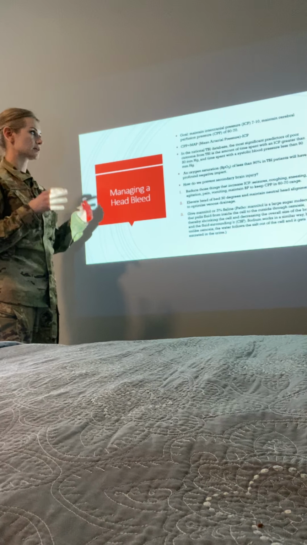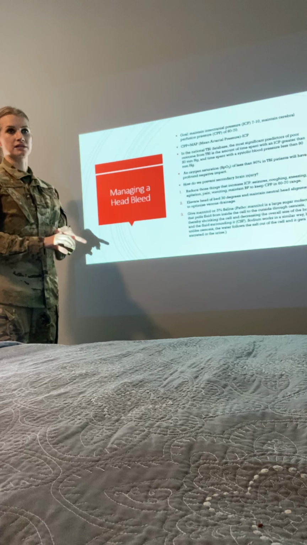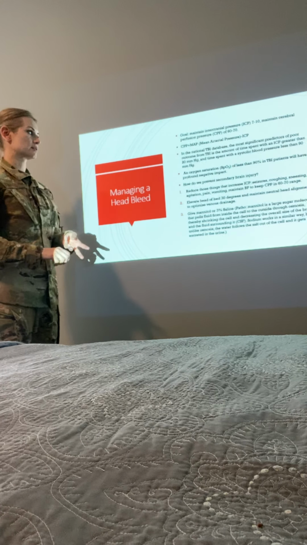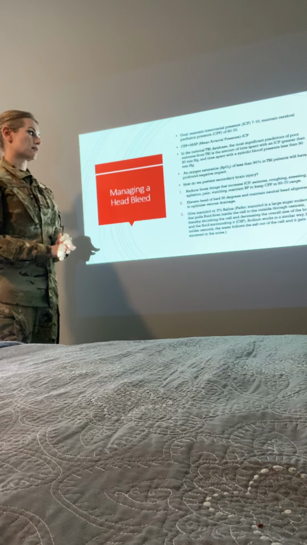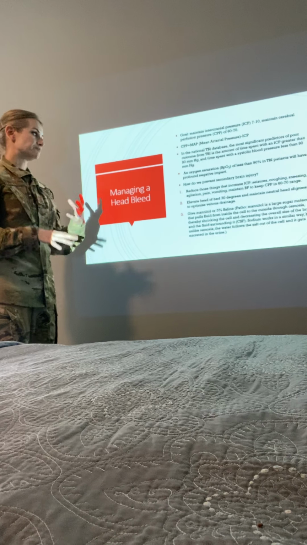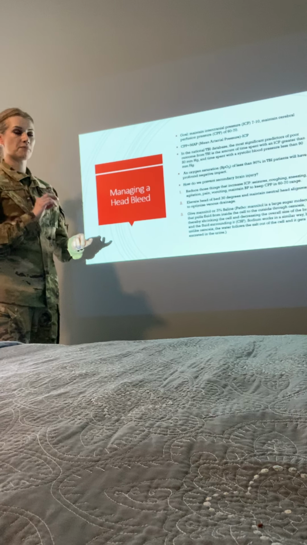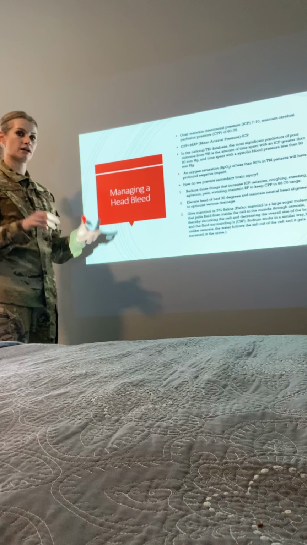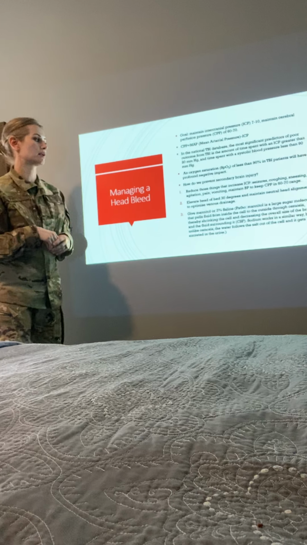The biggest thing is preventing secondary injury. Don't let them get hypoxic. Don't let them get super hypotensive. Keep their oxygen saturation greater than 90% at all times. And then reduce those things that cause secondary brain injury: vomiting, pain, agitation. Keep the head of the bed elevated, keep the head in a neutral alignment.